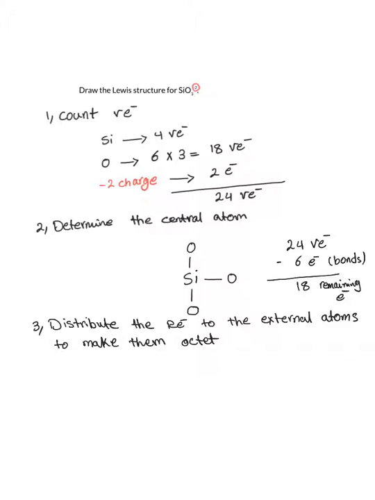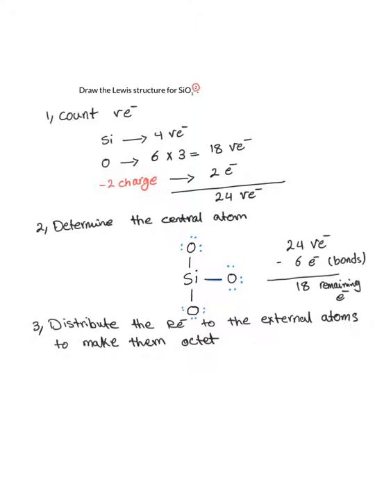I start with the oxygen on the right side. So 2, 4, 6, and this bond gives us another 2, so overall 8 electrons around the oxygen. So oxygen is octet. I already used 6 electrons, so 8, 10, 12. This oxygen is also octet. 14, 16, 18. So all 3 oxygens are octet here.